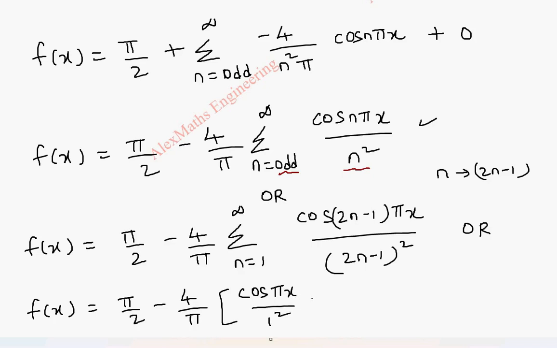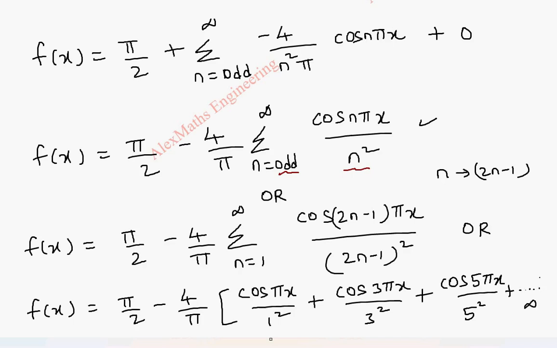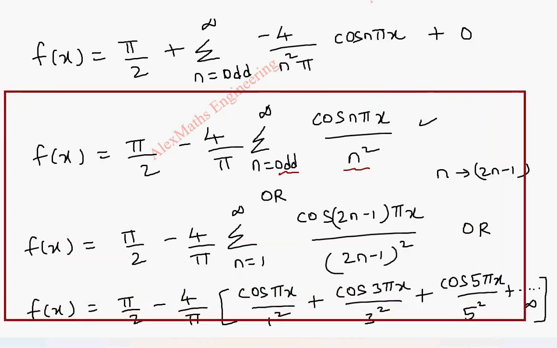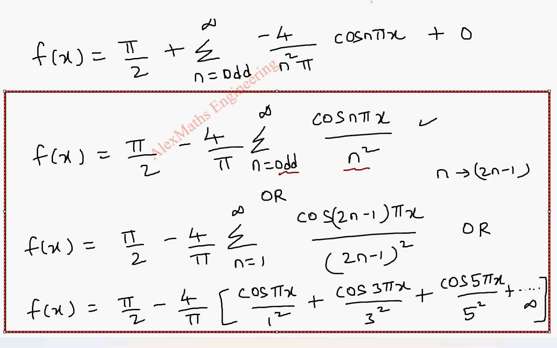The next odd number is 3. So cos 3 pi x by 3 square. Next is 5. So cos 5 pi x by 5 square plus dot dot dot till infinity. So we can leave the answer in any one of these forms. All are equally valid.